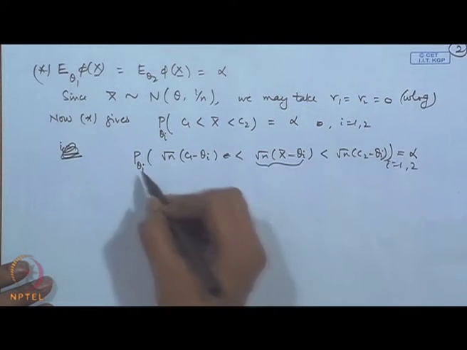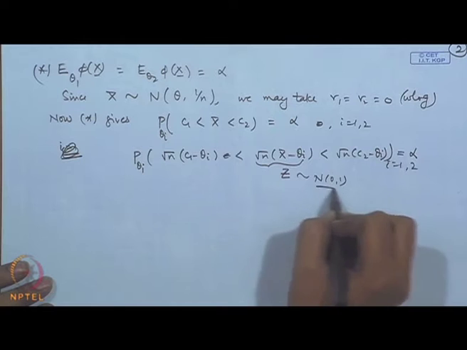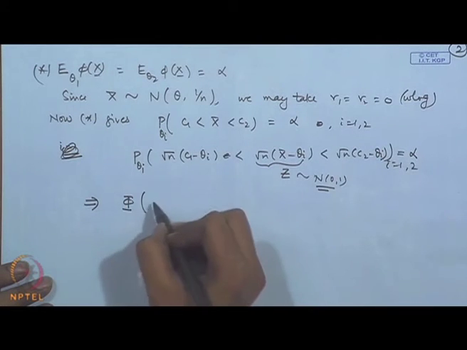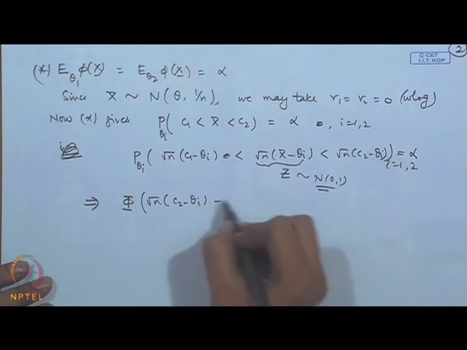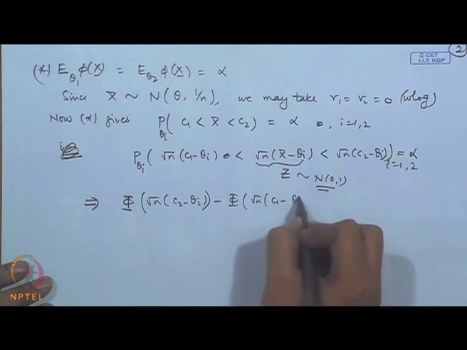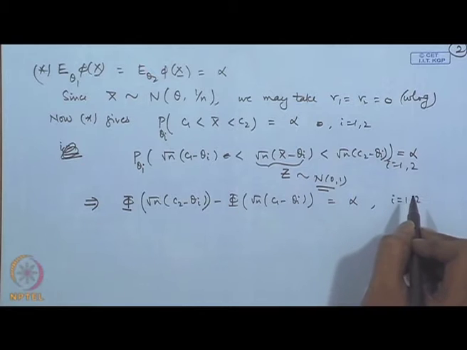Now, when theta is equal to theta i, this is normal (0, 1). So this reduces to phi of root n (c2 minus theta i) minus phi of root n (c1 minus theta i) equal to alpha, for i equal to 1, 2.